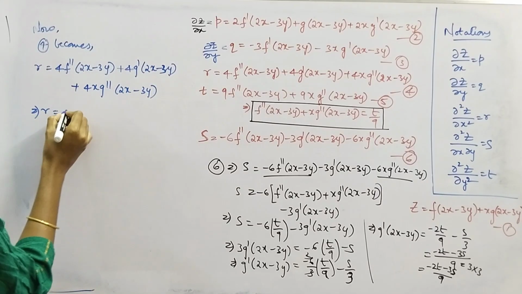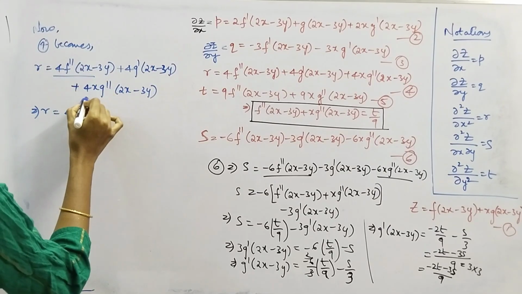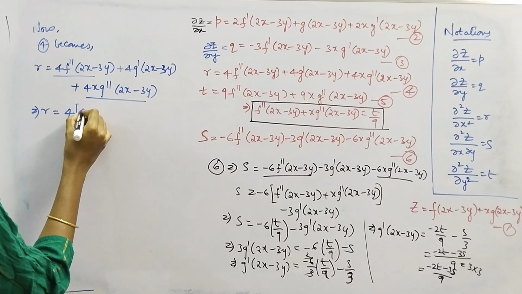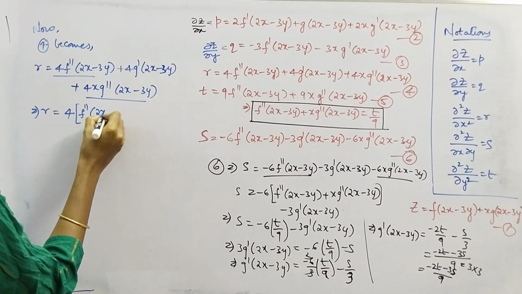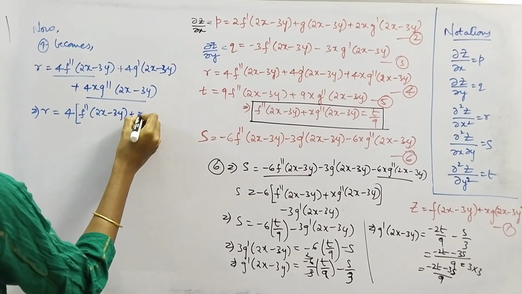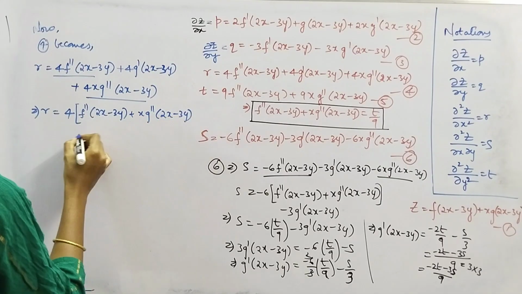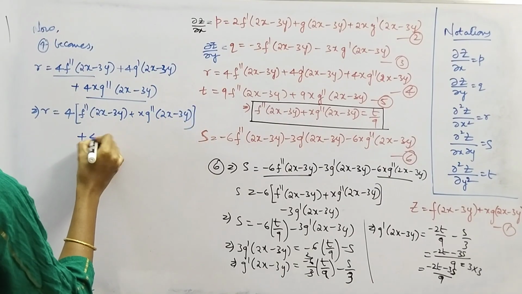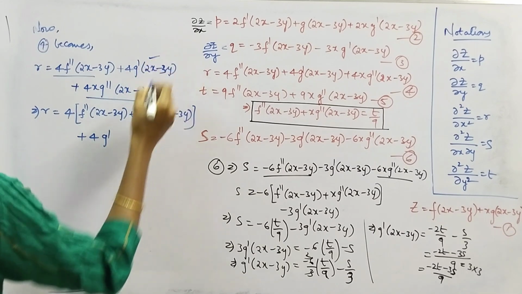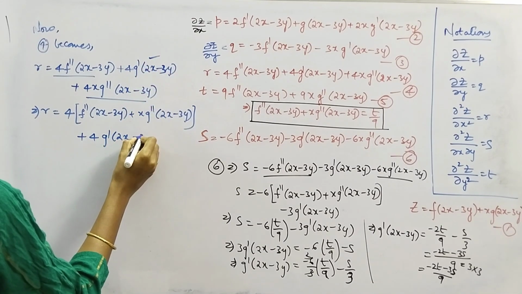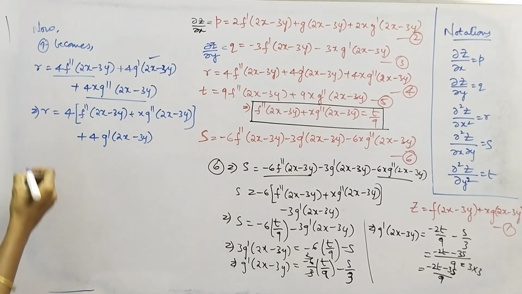This gives us r equal to 4 times, take 4 common from these two terms, we'll get 4 times [f''(2x-3y) plus x into g''(2x-3y)] plus 4g'(2x-3y), the remaining term.